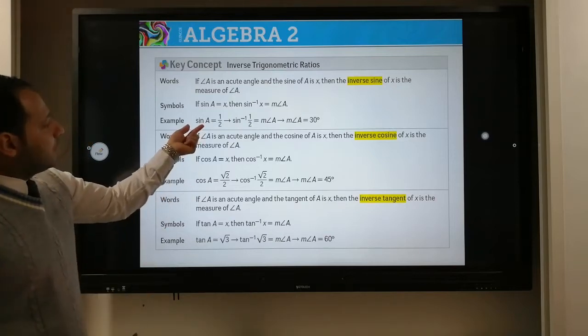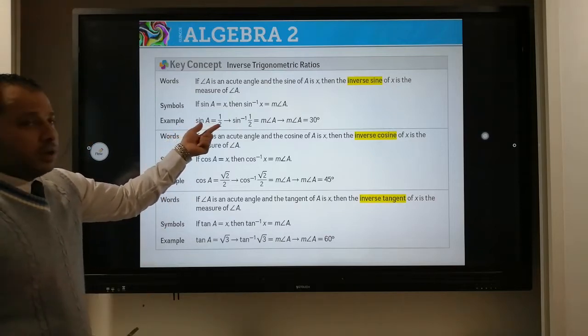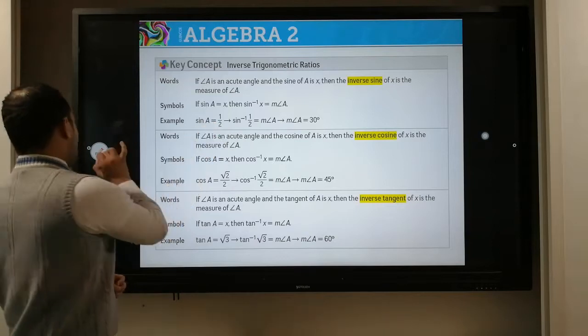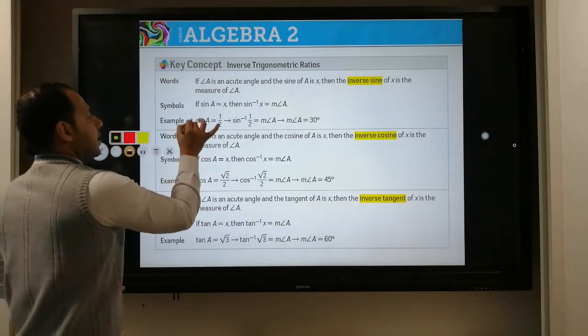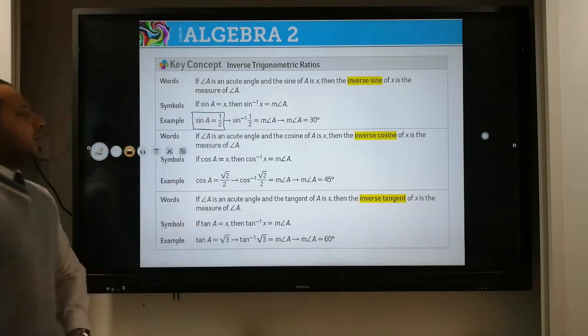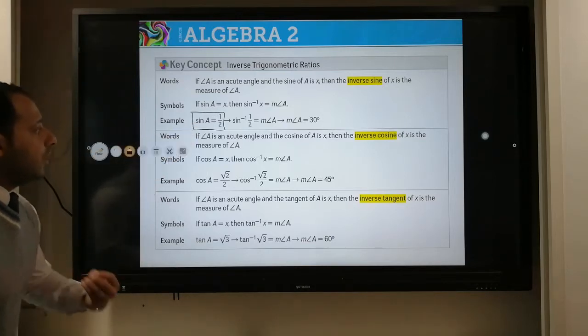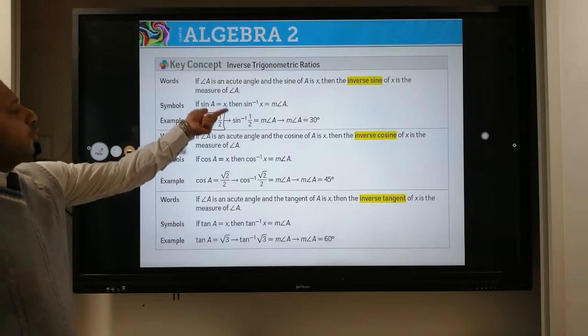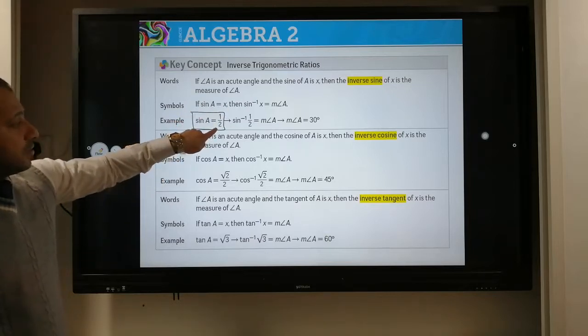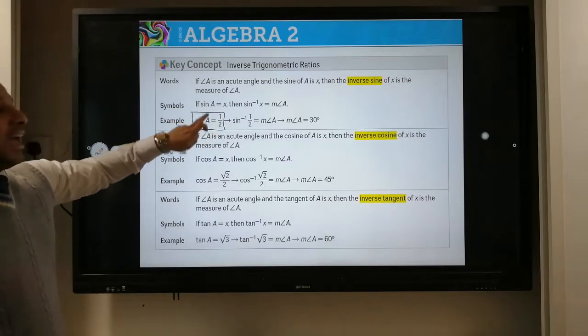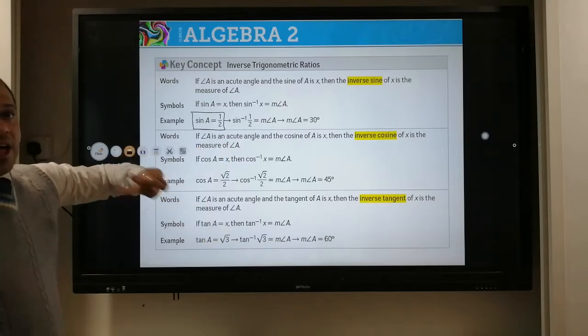The example says that we have sine A equal half. So sine A equal half is the given, and I need to find the measure of angle A. If you need to find the measure of angle A and you have the value of sine A, which is 1/2, we use inverse sine.